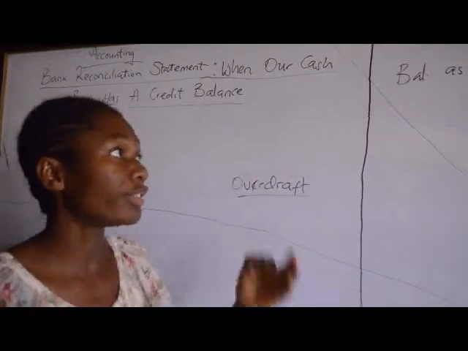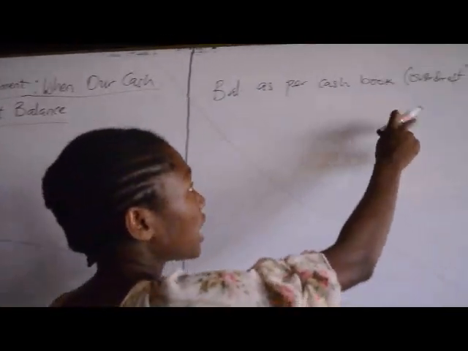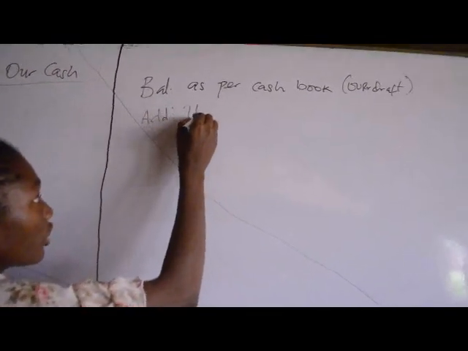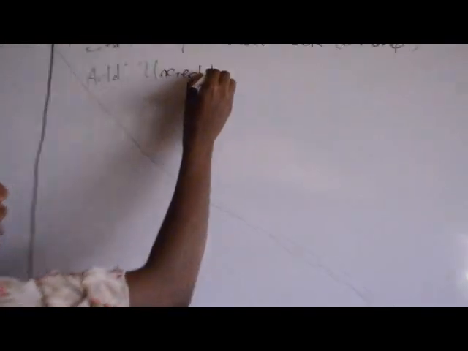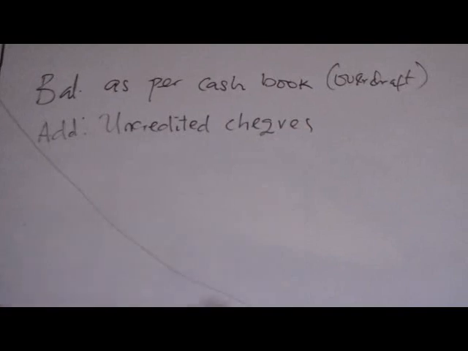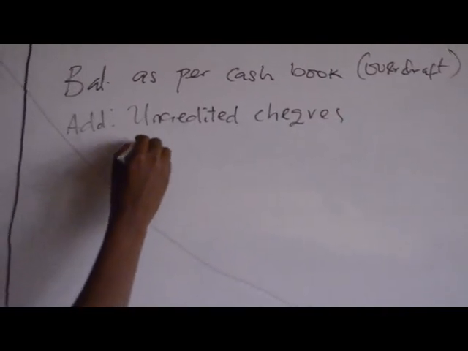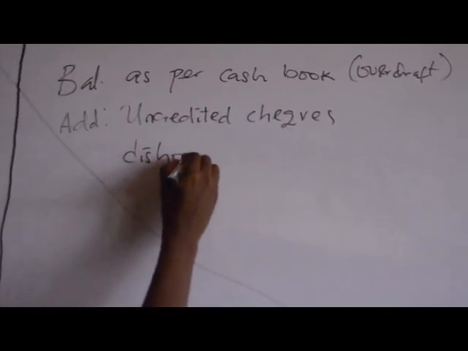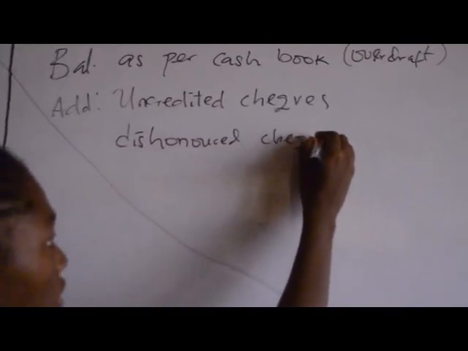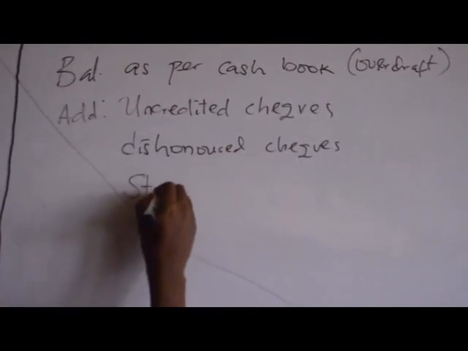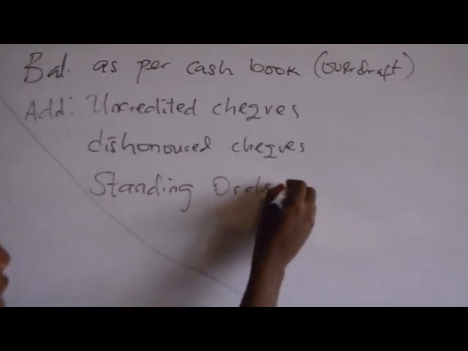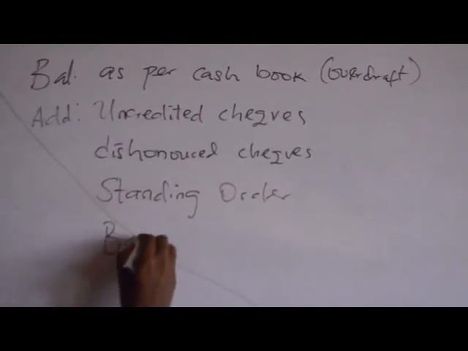So in this case the format is simple. We have our balance as per cash book. Here we are going to be adding uncredited checks, we'll be adding dishonored checks, we'll be adding our standing order, we'll be adding our bank charges.